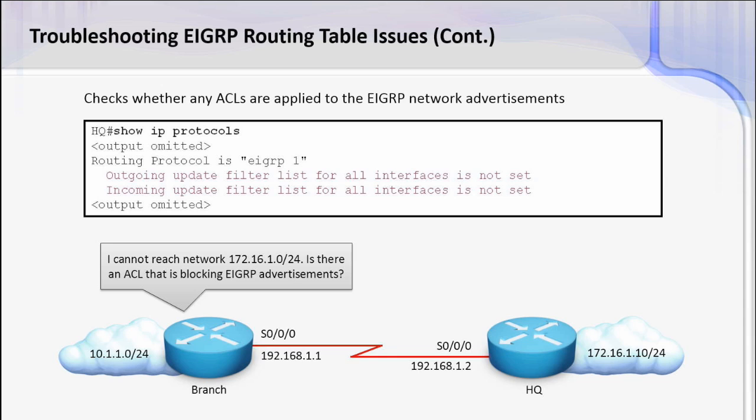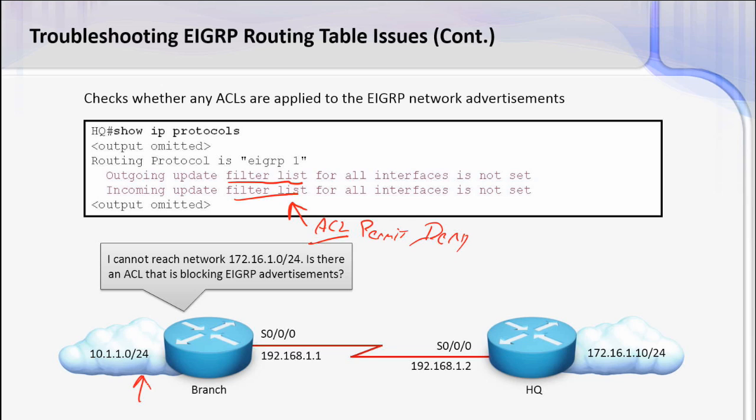So other things we could look for, there's something we haven't really talked about called filter lists. Think of an ACL and realize an ACL's permit and deny statements with network addresses and subnet masks. A filter list is basically an ACL that can permit or deny route advertisements.